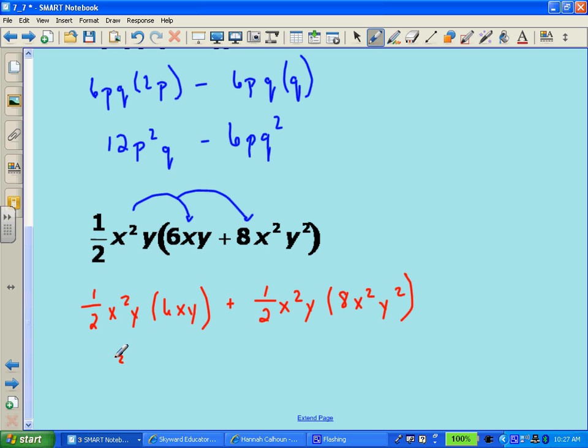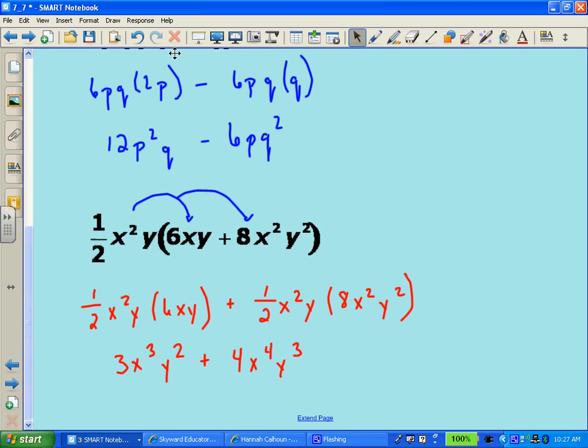Okay, so 1/2 times 6 is 3. x squared times x is x to the third. y times y is y squared. 1/2 times 8 is 4. x squared times x squared is x to the fourth. y times y squared is y to the third. Okay? So that's how I multiply a monomial times a polynomial.